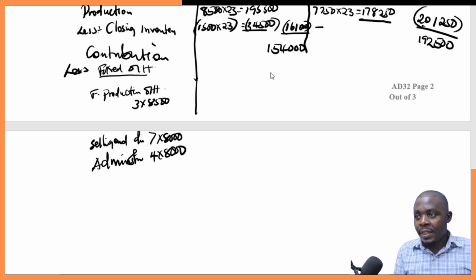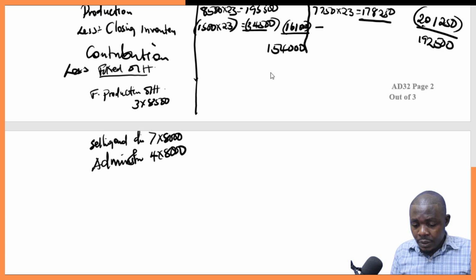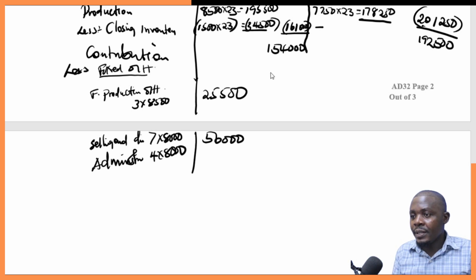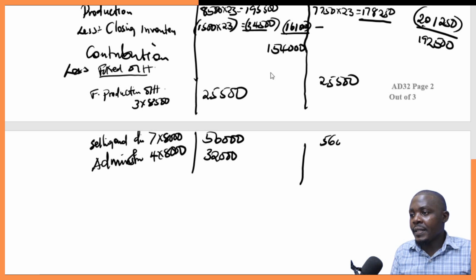Now when we multiply there, those figures are going to affect both January and February. We have that is 25,500. Then 7 multiplied by 8, most likely you are going to get 56,000. Then this one you get 32. The same in this case, we have that is 25,500. We are coming 56.